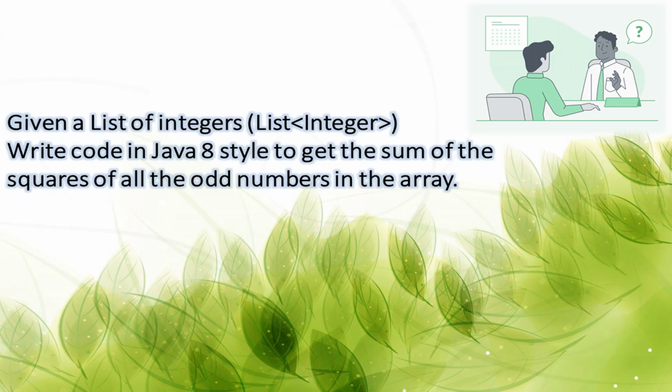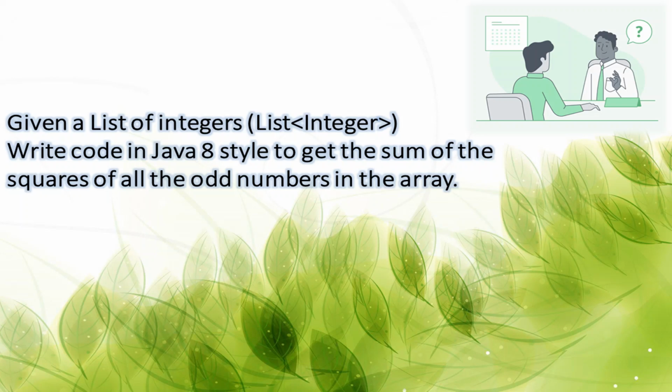Okay, so for example, I have a list of integers, list.stream. I'll be using filter to filter out the integers which are odd. So in filter I'll be writing a arrow a mod 2 not equals to 0. In that case I'll be getting the odd numbers. For each odd number I have to square it, right?